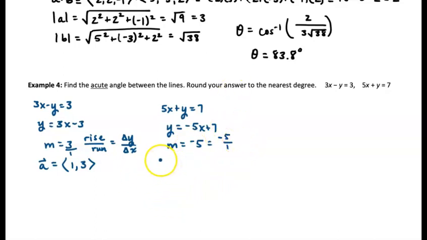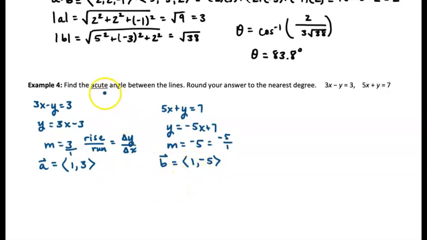Because we have our slope, we can call this vector, I'll call it b, is equal to the change in x, comma, the change in y. Just breaking this up into their vertical and horizontal components. So now we've got 2 vectors.